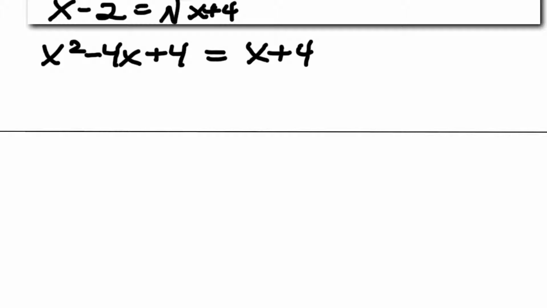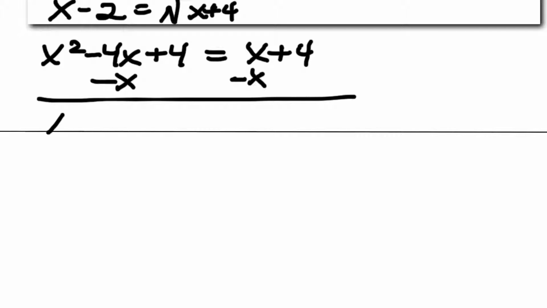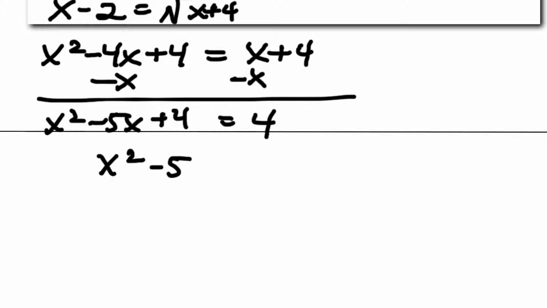Then if we add a negative x to both sides, we get x squared minus 5x plus 4 equals 4. And if we add a negative 4 to both sides, the 4 goes away, and we get x squared minus 5x equals 0.